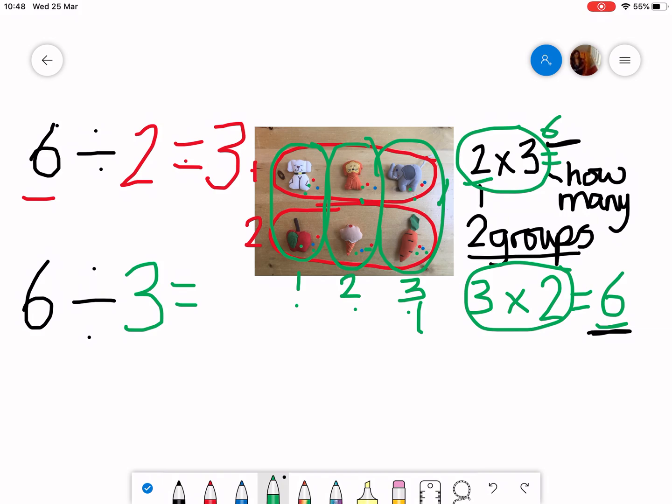So we have 1, 2. We have 2 in our middle group, and we have 2 in our last group. So we know that if we divide our whole, which is 6, by 3, which is our number of groups, we get 2 objects per group.